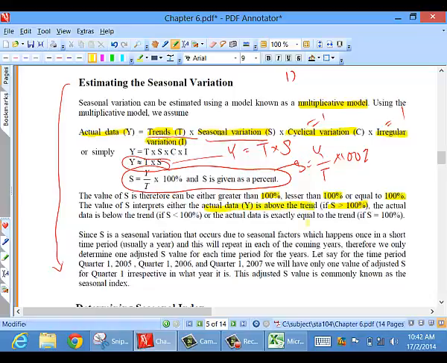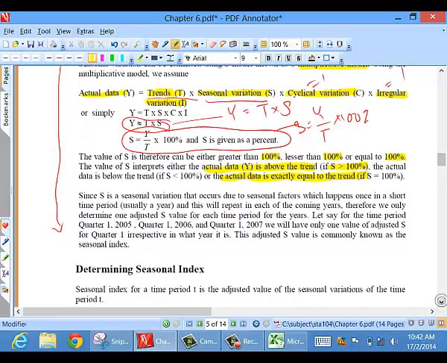Sorry, if S is more than 100%, the actual data is more than the trend. If the S value is less than 100%, the actual data is below the trend. If S equal to 100%, then the actual data is exactly equal to the trend. Boleh faham? So you baca lagi di bawah.